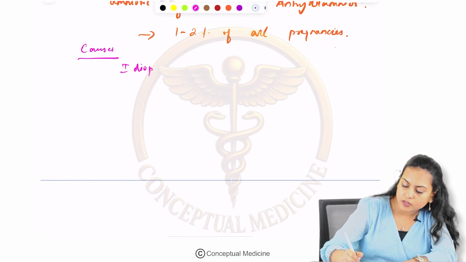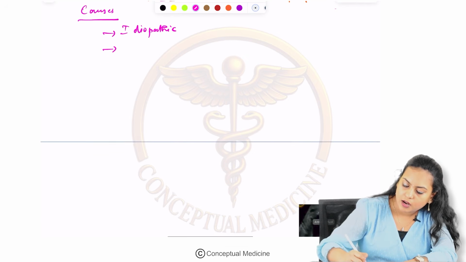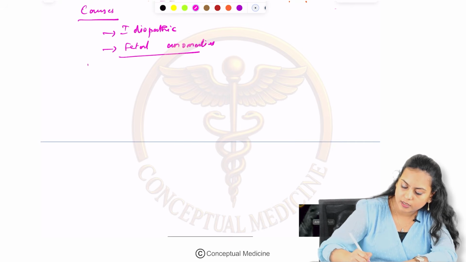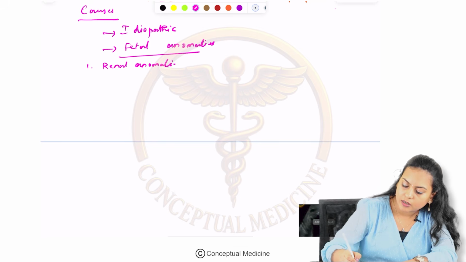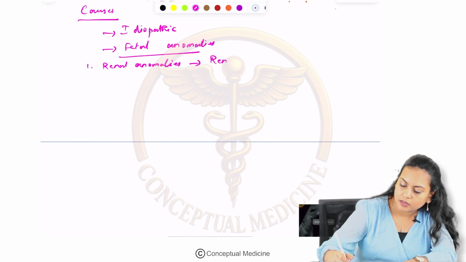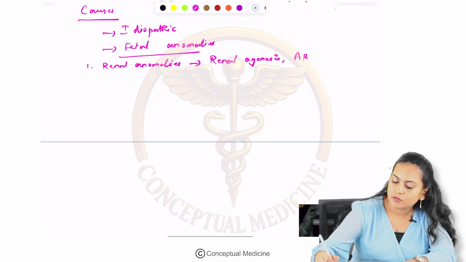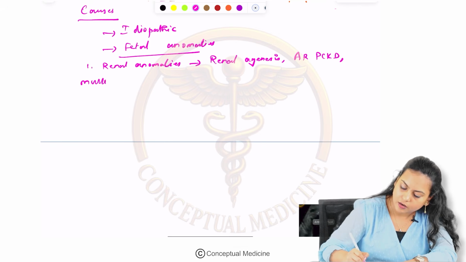Most of the time, the cause is idiopathic, or there can be fetal anomalies, especially renal anomalies like renal agenesis, autosomal recessive polycystic kidney disease, multicystic dysplastic kidney.